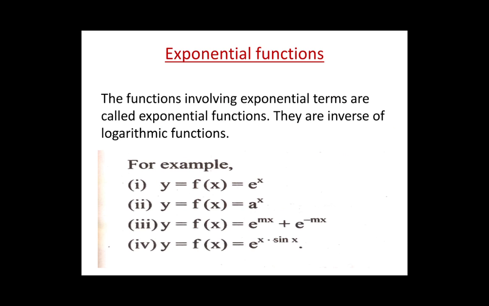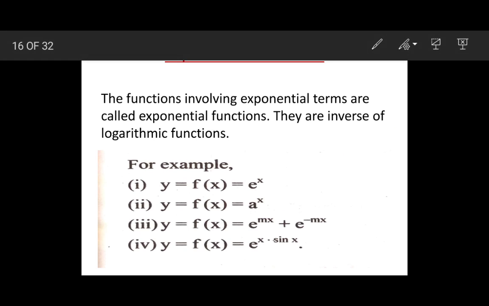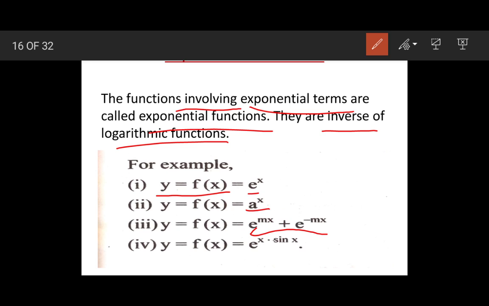Then the next type is the exponential function. So exponential functions involve exponential terms, right? The functions involving exponential terms are called exponential functions. They are the inverse of logarithmic functions. So y is equal to, or f of x is equal to e raised to x, a raised to x, e raised to mx plus e raised to minus mx, e raised to x into sin x.